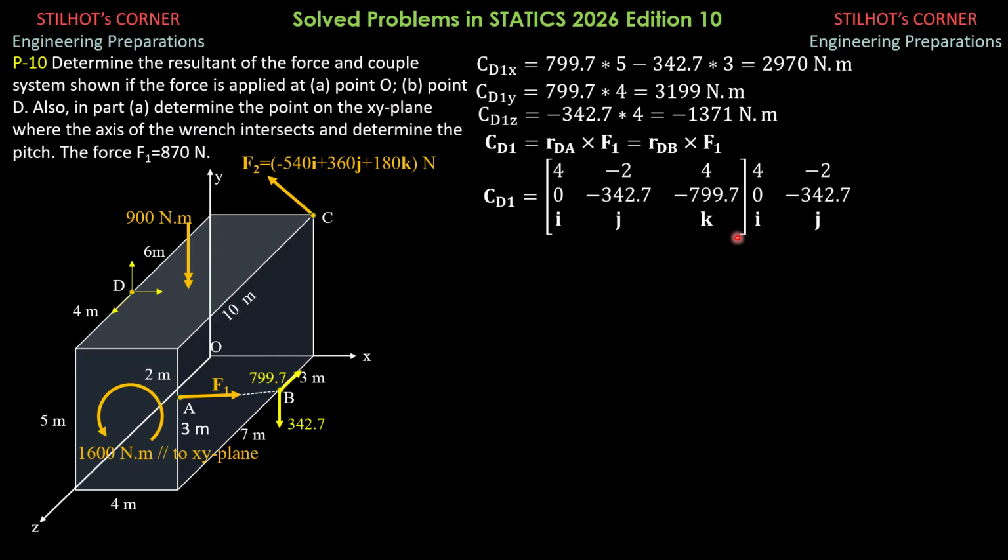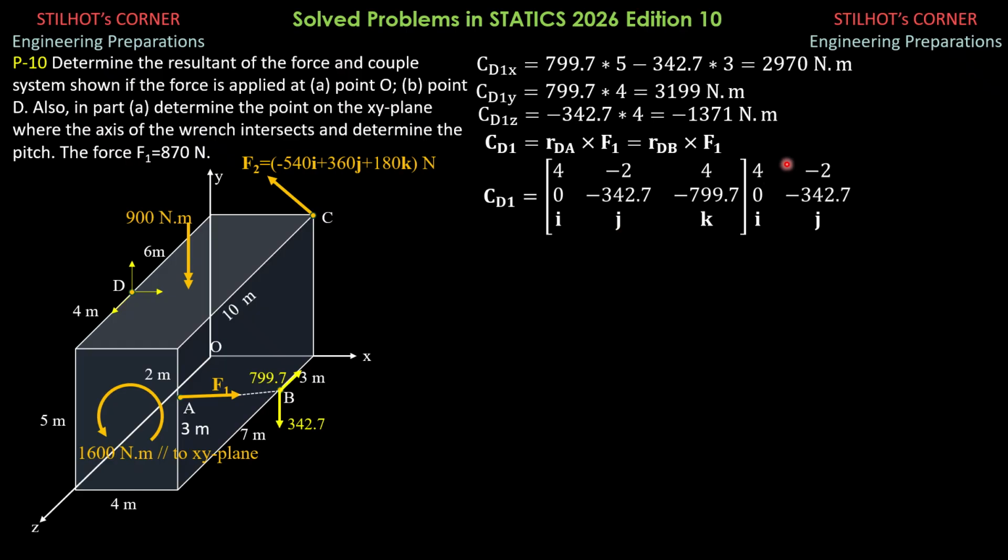So let's check. We have negative 2 times negative 799.7, so that's positive, then minus this negative direction, and that's negative, so positive. So 2 times 799.7 plus 342.7 times 4. So you add and check if it is 2,970I. For J, that's 4 times 0, so 0.